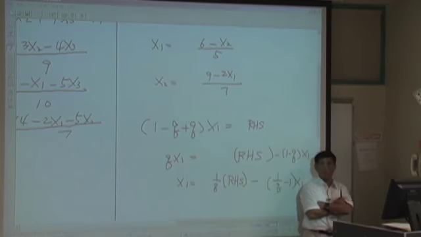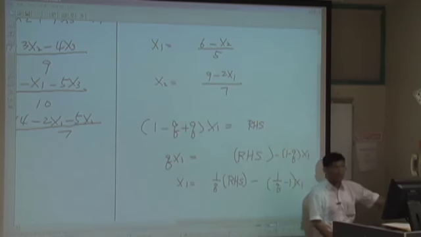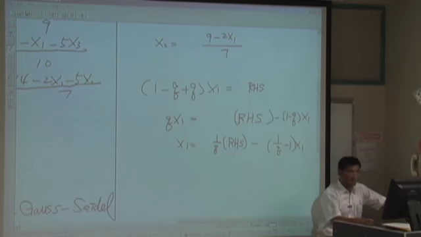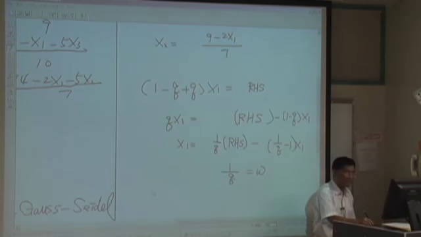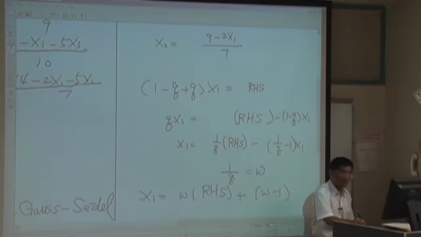So we are ready to simplify it, but I don't like reciprocals. So you chose Q, but I will call 1 over Q W, right? So I just changed the letter. Then x1 equals what? x1 equals W times the right-hand side, and then minus W minus 1, but you can eliminate the minus by using plus and minus, or we can even write it in reverse way.